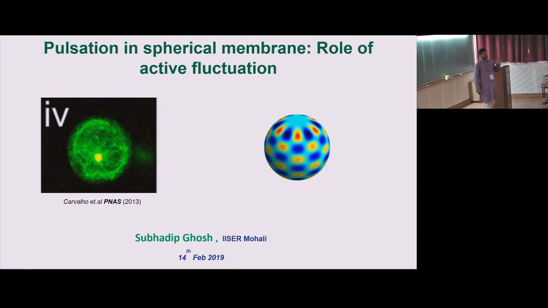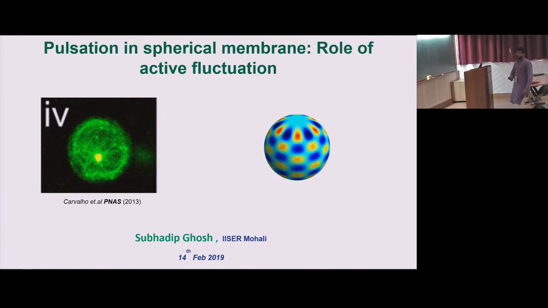But studying the cell membrane as a whole is difficult. So what people do, they study giant unilamellar vesicles into which the cellular actin filaments are trapped, just like this. This is a giant unilamellar vesicle, and the green fluorescently labeled structures inside are the actin cortex.